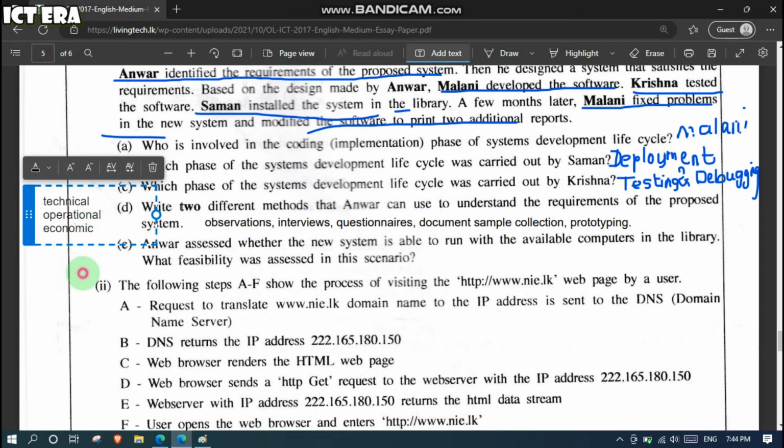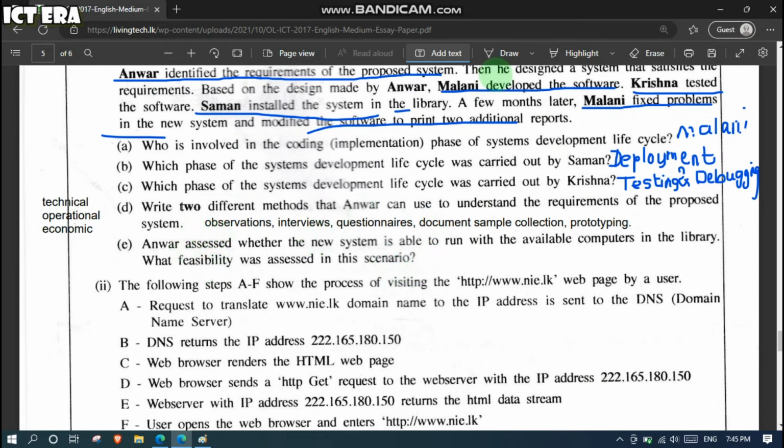So technical means studying the hardware and the software of that relevant system, and operational feasibility means making a study regarding the operating systems and operations of the new system, and economic means the study regarding the cost of that relevant system.